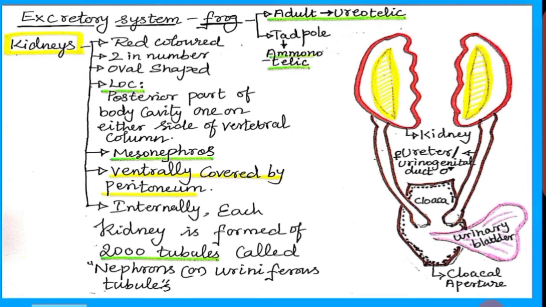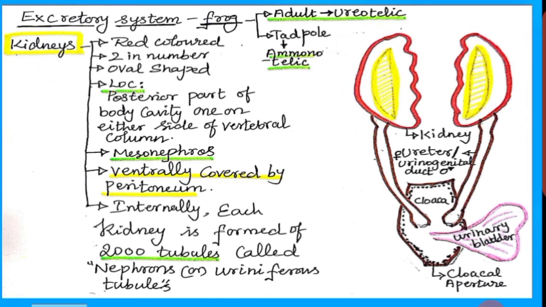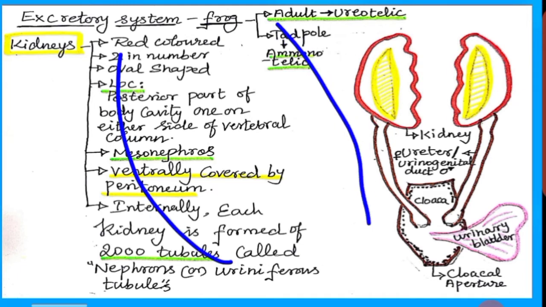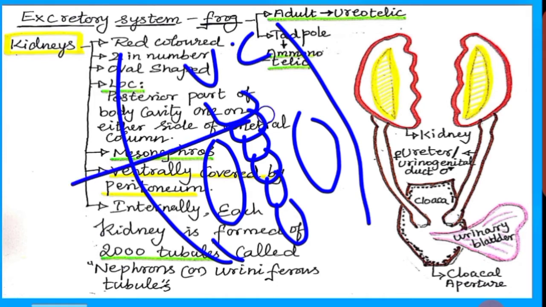Let's start with kidneys. Kidneys are red colored, two in number, oval in shape. Location: posterior part of the body cavity, one on either side of the vertebral column. Imagine this is the vertebral column, and this is the posterior part of the body cavity, right?